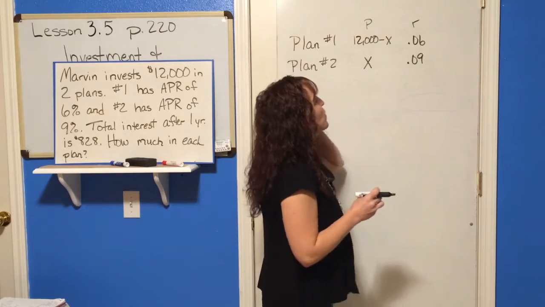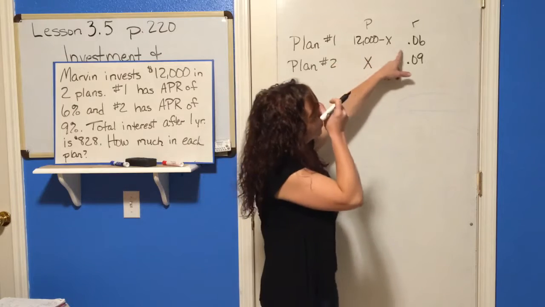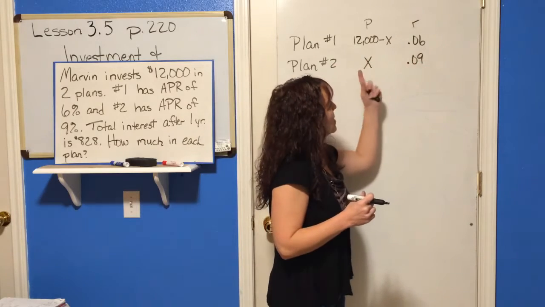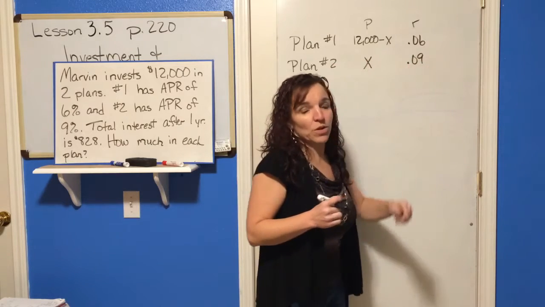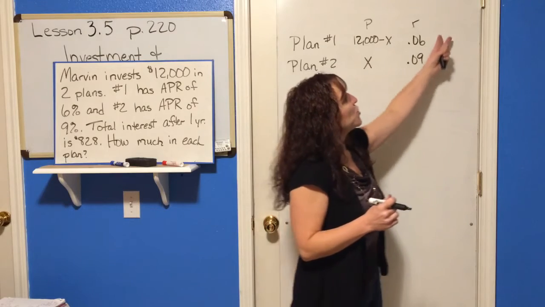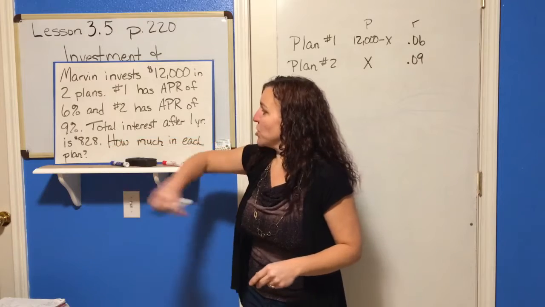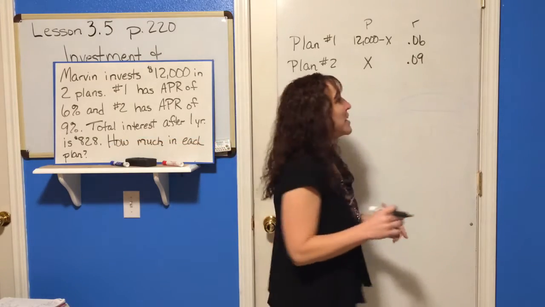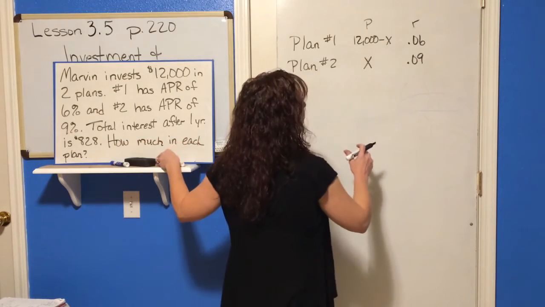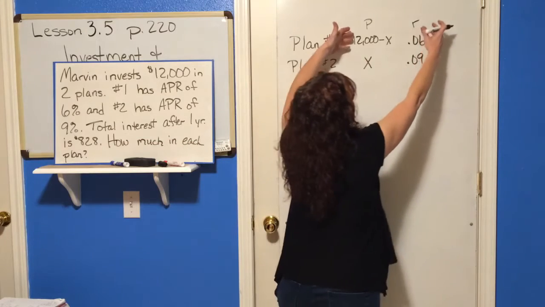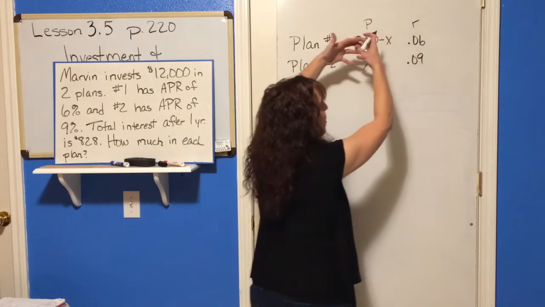Now the principal times the rate is going to equal our interest. If we add those 2 interests together, we should get 828. Because we don't know what those are, we can just add these parts that we're going to multiply together.